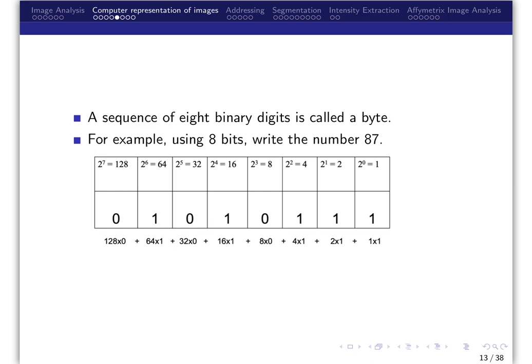But if we were using a binary system, we use a sequence of binary digits, each having a value of 0 or 1. A sequence of 8 binary digits is called a byte. For example, using 8 bits, the number 87 would be represented using this sequence of zeros and ones. Note that the translation to 87 appears at the bottom of this figure.